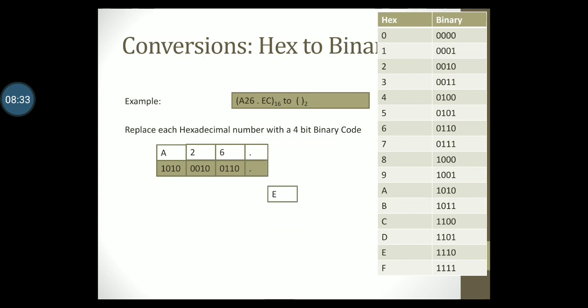Next we have hexadecimal E, which can be represented as 1110. And lastly is hexadecimal C, whose binary value is 1100. So this is the equivalent binary number for the hexadecimal number A26.EC.